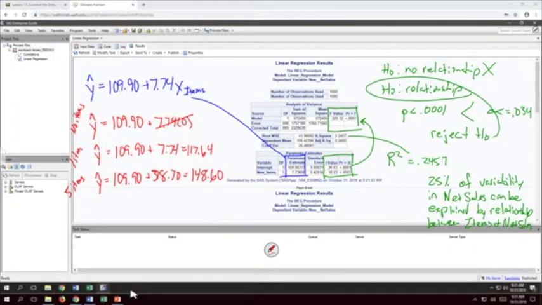Now I'm buying one item and I'm spending $117. If I'm buying 5 items, I'm spending $148. So remember, going back to how much variability were we explaining with this model? We're just explaining 25% of the variability with this model.